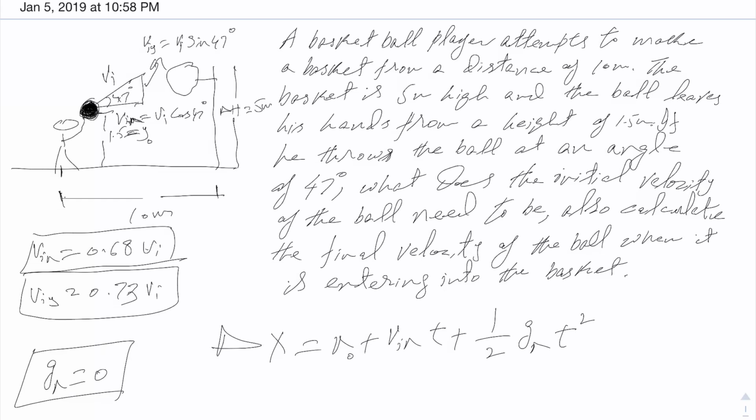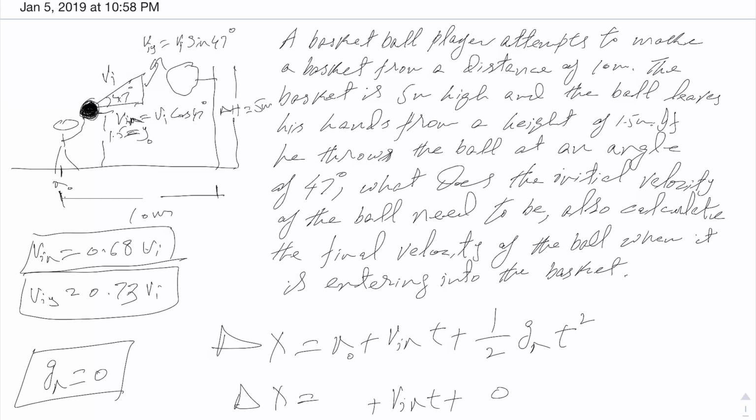This means that the acceleration due to gravity in the x direction is 0. So this term becomes 0 because gx is 0, and then we have vix t. And what is x naught? X naught is the point where this player is standing initially.